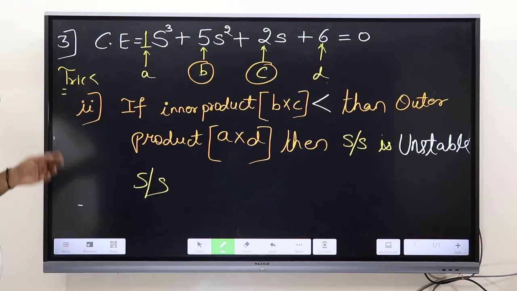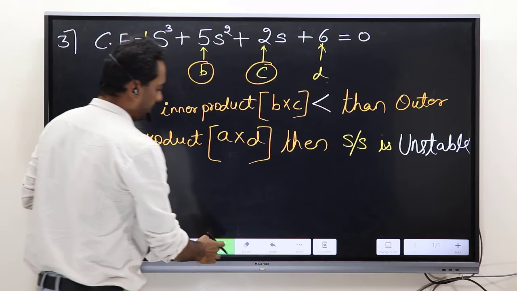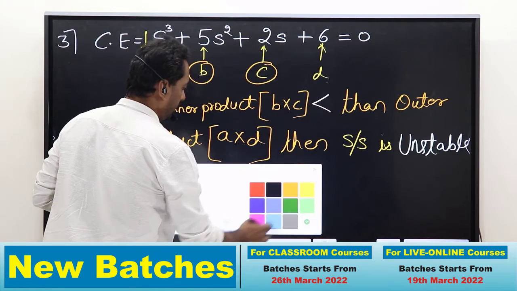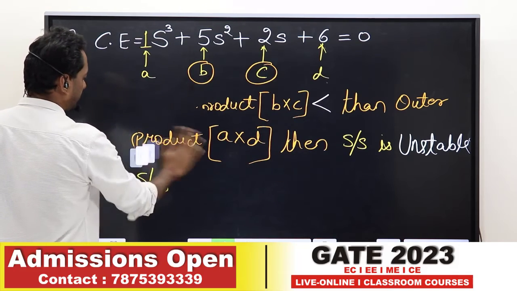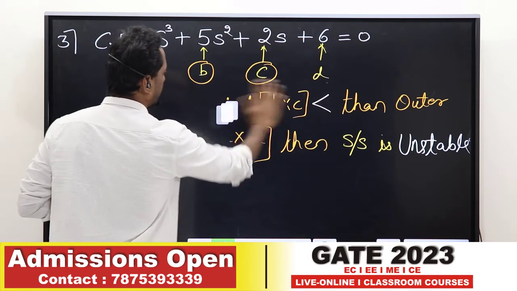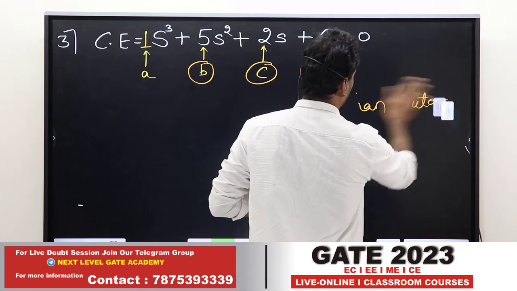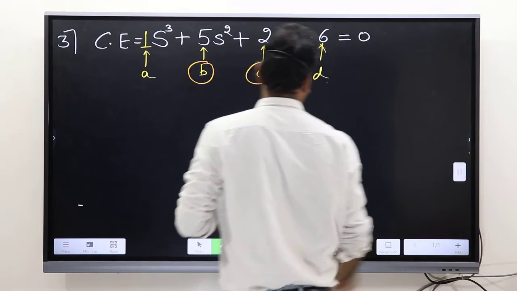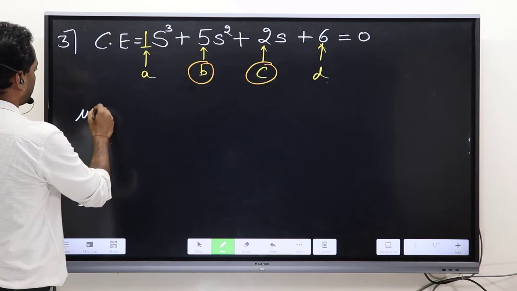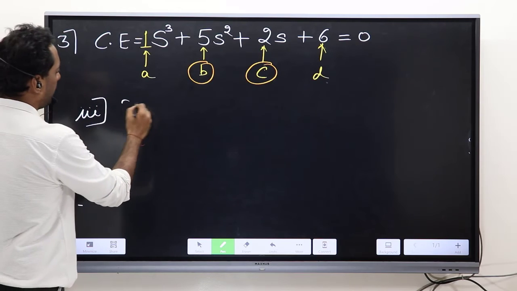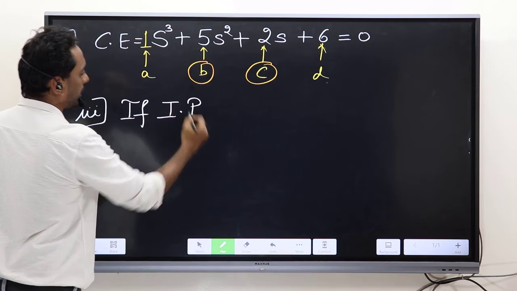Please write down, right? And the last point, third point: if the inner product, I'll write IP for inner product.